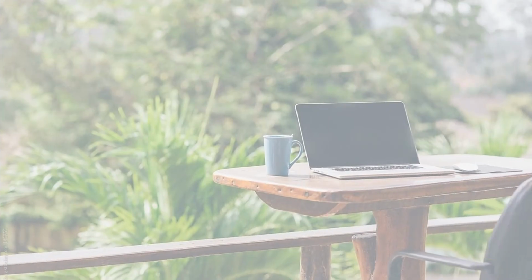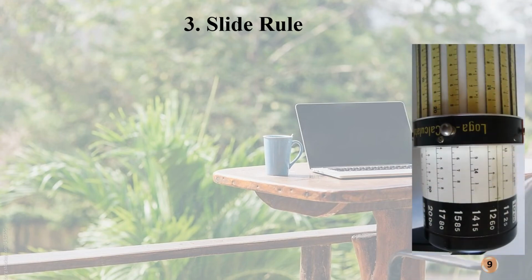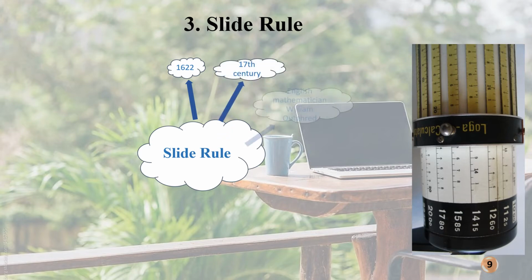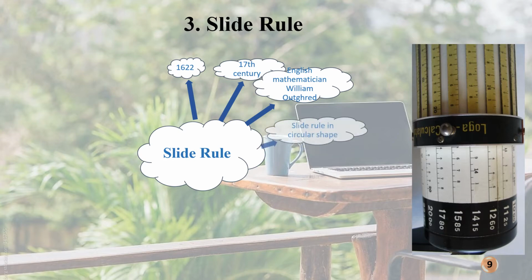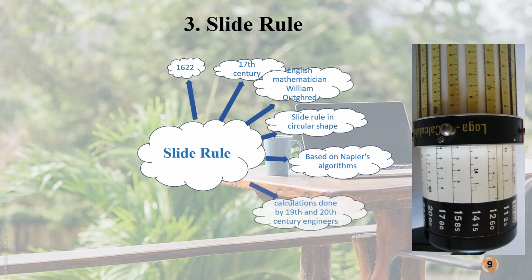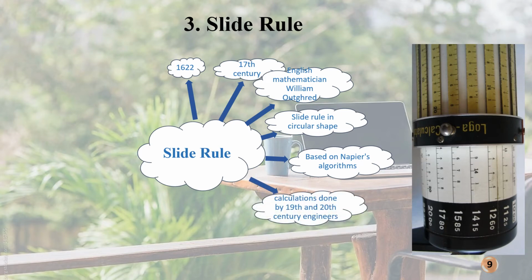Next, the calculating device is the slide rule, as you can see in the figure. The slide rule was invented in 1622 in the 17th century by an English mathematician, William Oughtred. It is in a circular shape, and it was also based on Napier's logarithms, and some calculations by 19th and 20th century engineers were done with it.